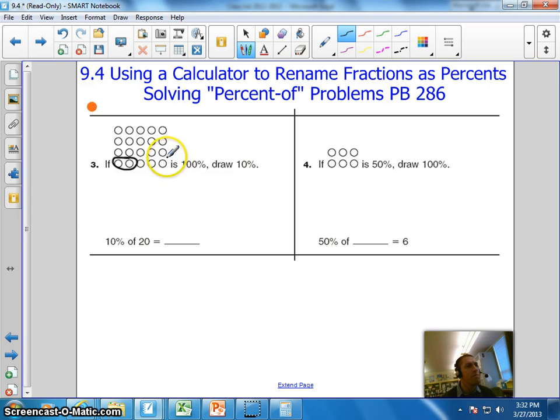Let's see. 1, 2, 3. Yep, 1/10 of 20. 10% of 20 is 2. And if this is 50%, I know 50% is 1/2. So that means I got the other half to draw. So I have 6 plus 6, and so 50% of 12 is 6.